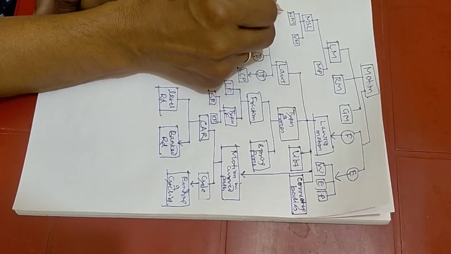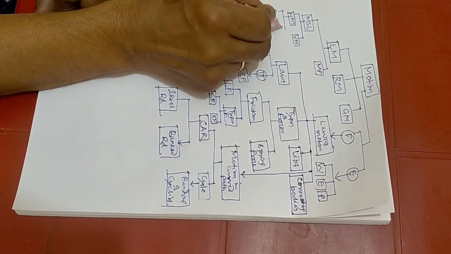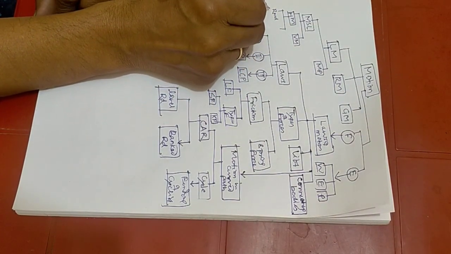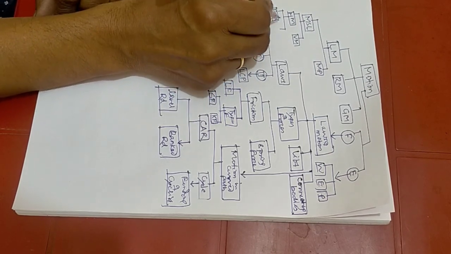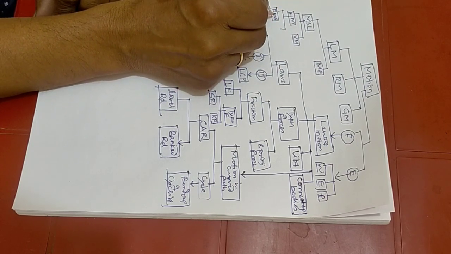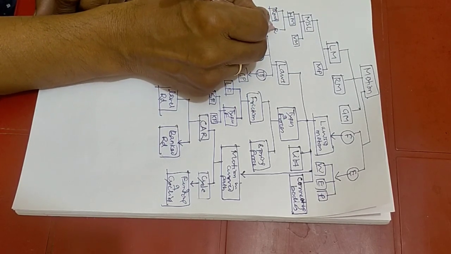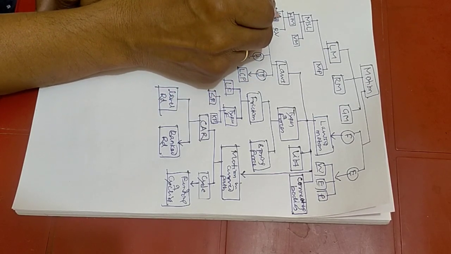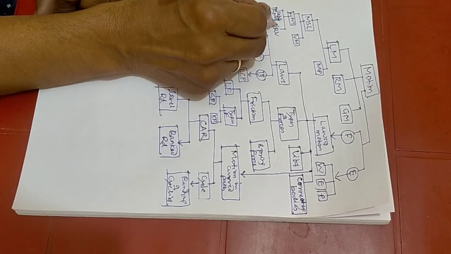Under horizontal motion we have motion on road, and under horizontal motion we will have general motion and relative motion, relative velocity.